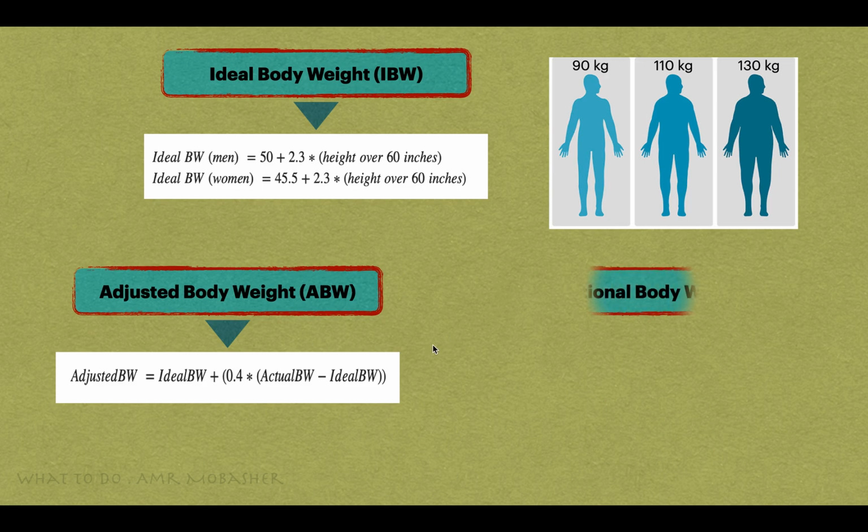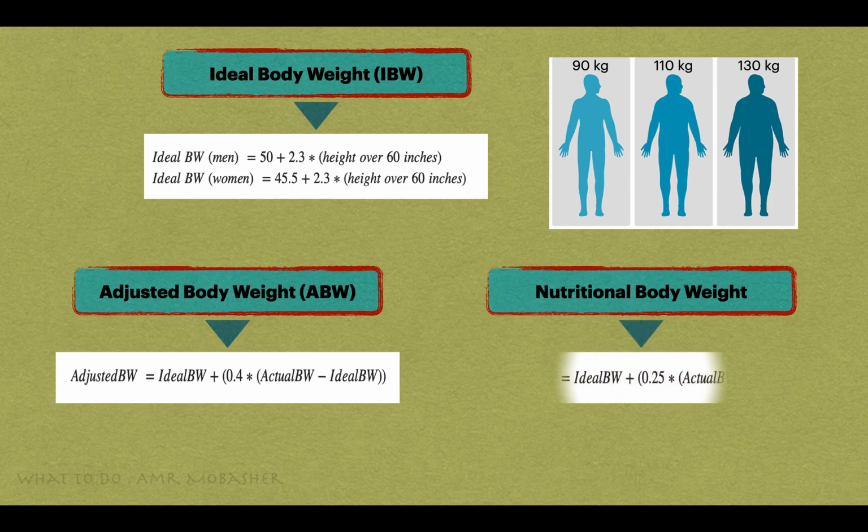So they presented what's called the nutritional body weight. It is exactly the same equation as adjusted body weight, with the only difference being this factor: 0.4 here and 0.25 there. This makes sure that the patient receives a lower dose of nutritional requirements, to avoid overfeeding syndrome.